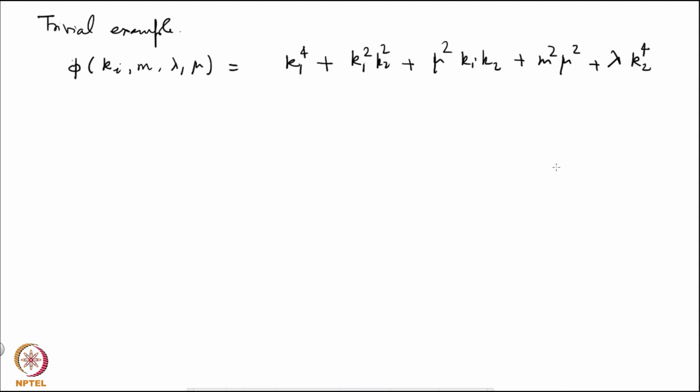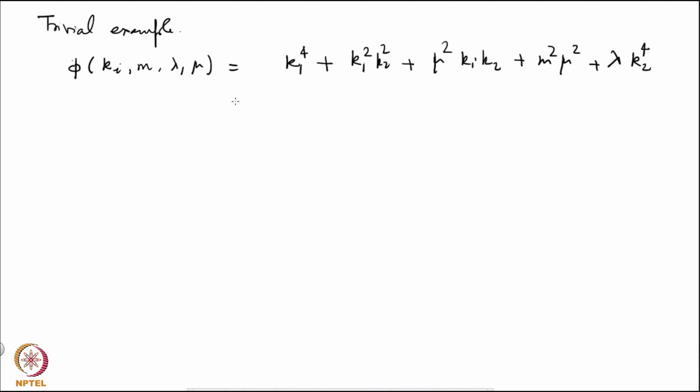It is some expression I have constructed. All I have taken care of is that each term has mass dimension 4. So that's 4, this is 4, this is 2, and this is 2. Lambda is dimensionless in this example.